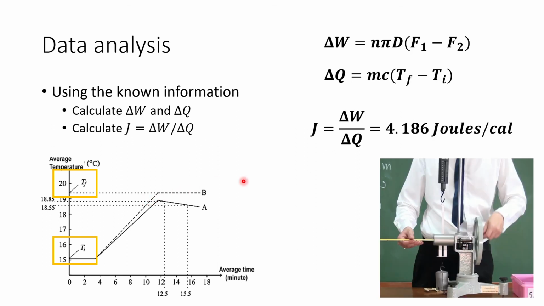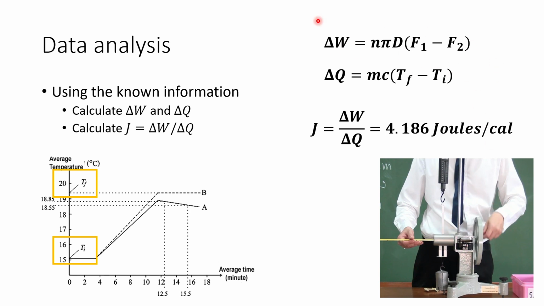Next, you can calculate delta W and delta Q. Delta W is from the work by spinning here. The force difference is the weight of the bulb versus the reading on the scale. If you find that difference, you can get the friction that's acting on here. Since this has the diameter of d and is spun for n turns, the work there is going to be n times 2 pi r, which is equivalent to pi d. So the work is n times pi d multiplied by the difference between force 1 and force 2.